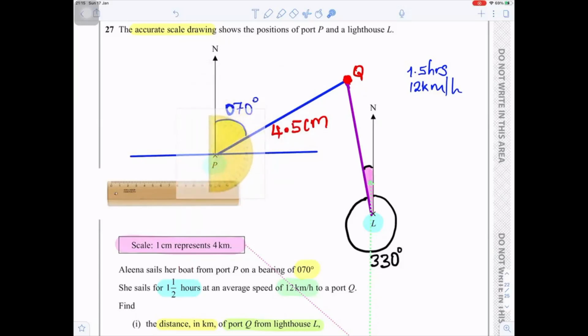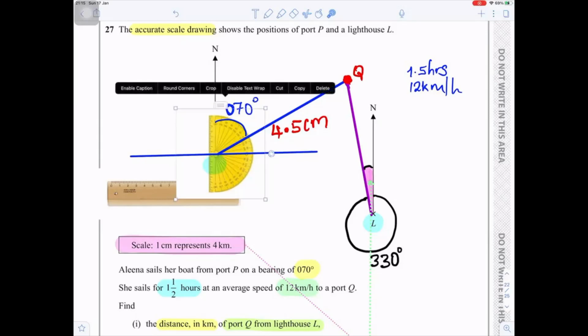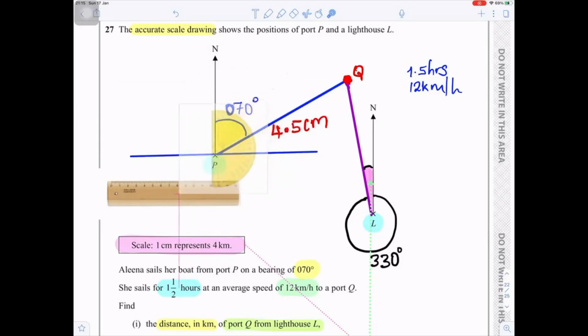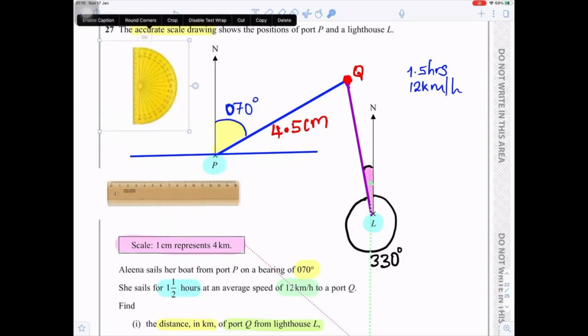So that's how I put the protractor, and you would measure that angle of 70 degrees. And when you mark 70 degrees, you will draw the straight line. And then we'll go ahead to calculate the distance.